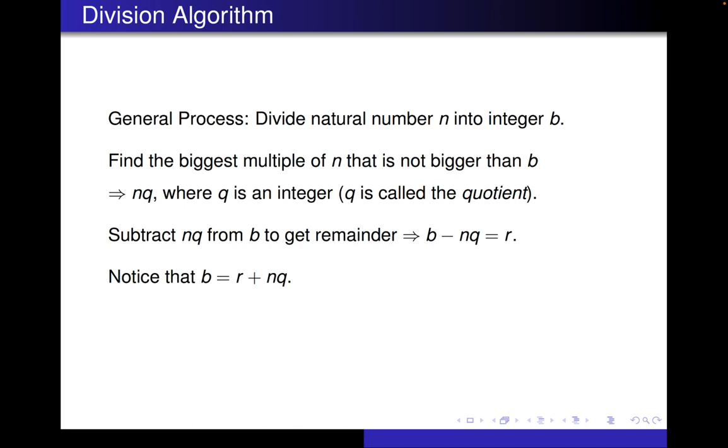If you look closely at that equation, it looks very familiar to another equation that we've seen in the past. Does it? Well, it's our congruence equation. If we're looking at the relationship mod n, that tells us that b is congruent to r mod n.